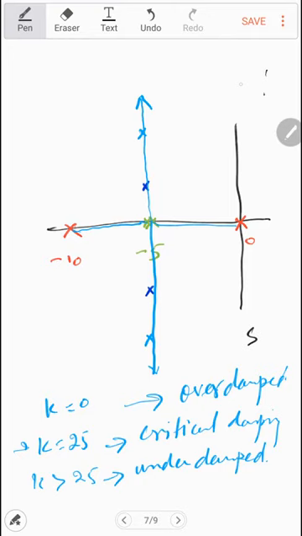If the two poles come close to each other as you increase the gain, and especially when you increase the gain to such a point where the two poles lie at the same point, then the damping will become equal to critical damping, and you see there will be no overshoot in this case also.